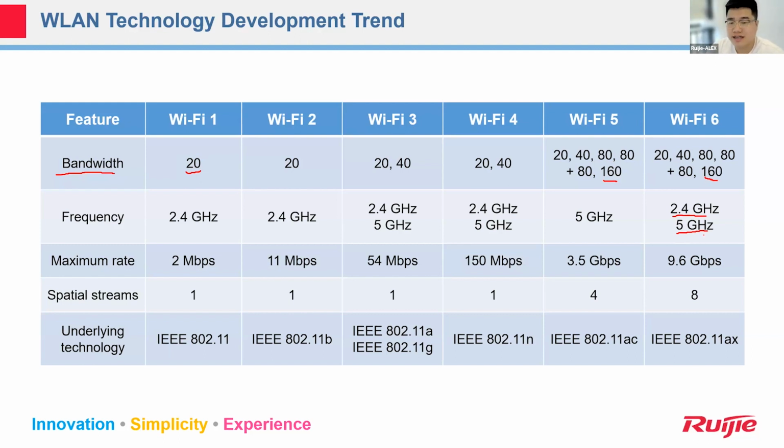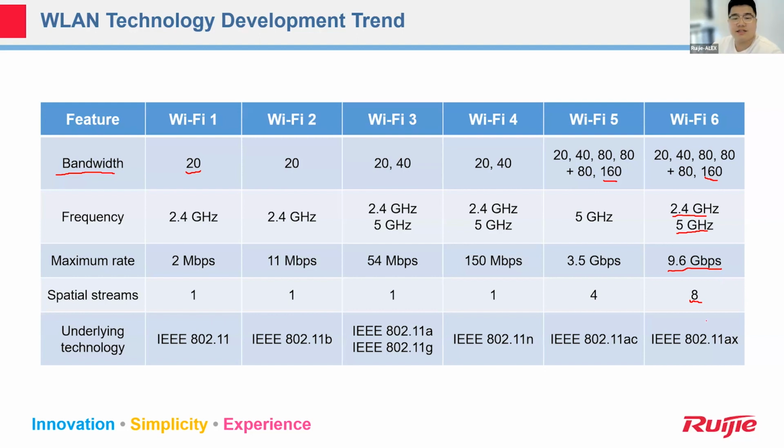And the maximum rate has increased a lot. You can see the maximum rate we support nowadays in Wi-Fi 6 is up to 9.6 Gbps. It's quite a high rate, right? And the spatial streams we support in Wi-Fi 6 is 8, right? This is also the reason that the maximum rate has increased a lot, because we support more spatial streams nowadays, based on different technologies.